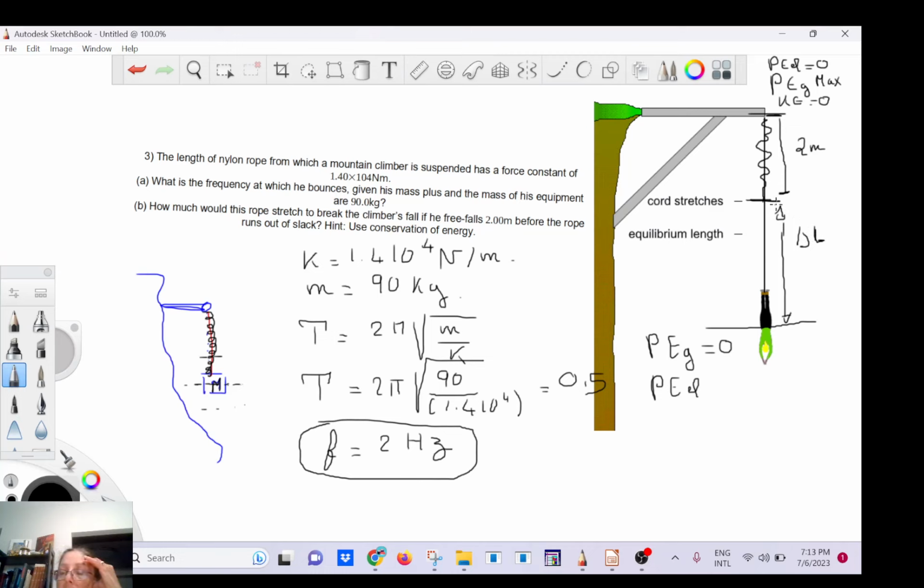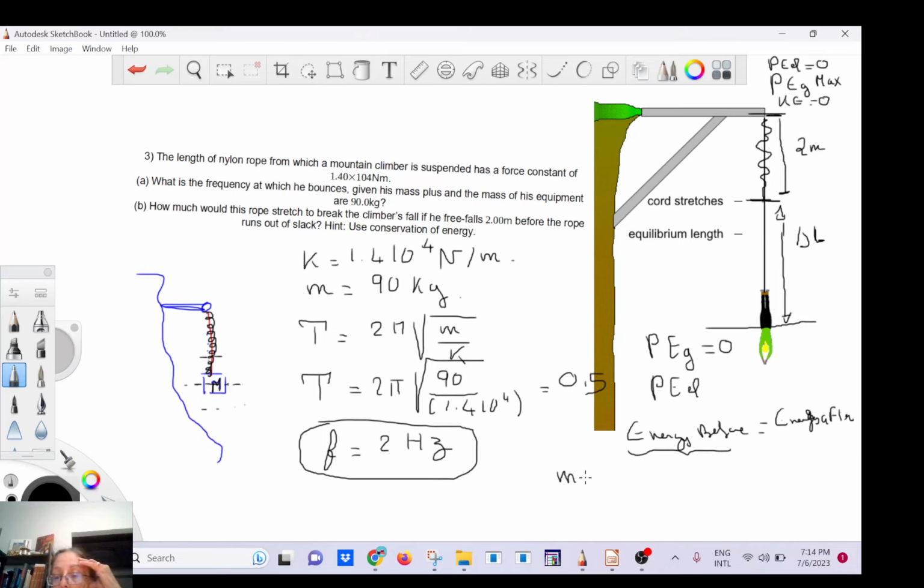So if you look at the conservation of energy, energy before equals energy after, right? Before, it has gravitational potential energy, and the elastic potential energy is 0.